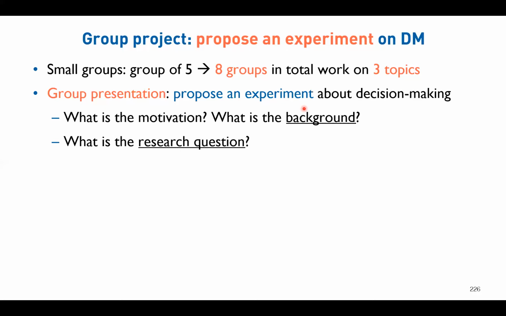So then after summarizing or after figuring out what is missing in the literature, you basically will have to ask the research question. So then you write down your research question, right?